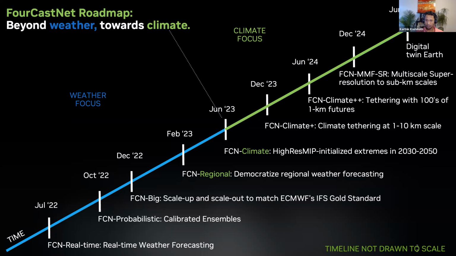But moving on, we're starting to focus on climate, and one of the things that we're starting to do is train ForecastNet on the high-res MIP archive, which has many different models at 25-kilometer or coarser resolution, and this would be a good test bed for us to test some of the ideas on tethering. But further ahead, we are intending to train the model on 1 to 10-kilometer scale simulations to do tethering at higher resolution.